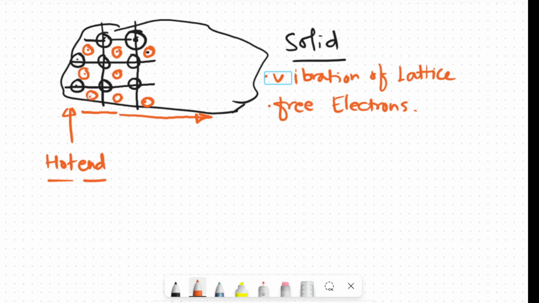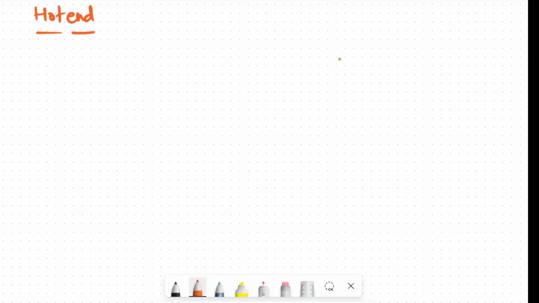Because of that, the electrons will acquire energy, leave their position, and go towards the less energetic side. This way, the heat conduction in case of the solids will be because of the vibration of lattices and the free electrons.